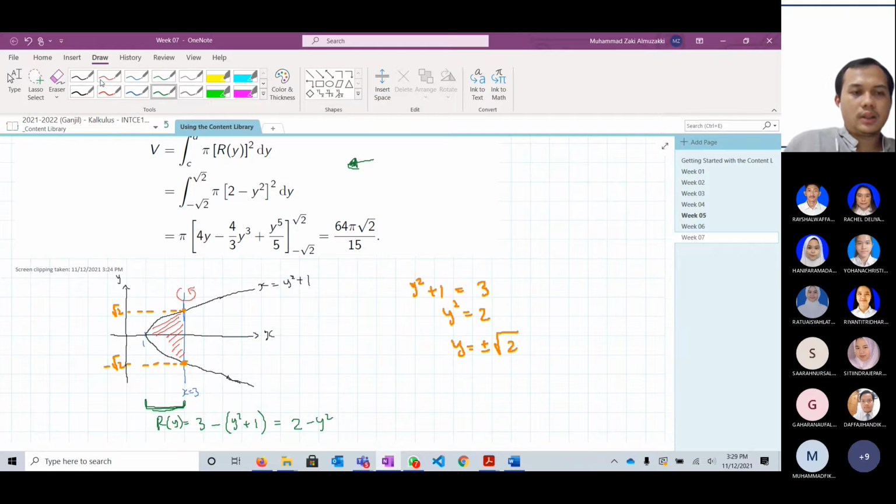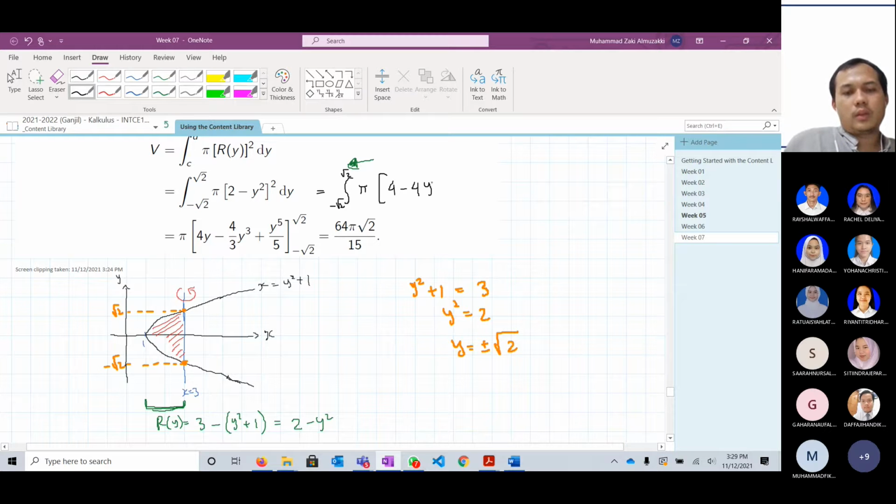So this is equal to the integral from minus square root of 2 to square root of 2 of pi times 4 minus 4y squared plus y to the power 4 dy. That's why we have this integration.